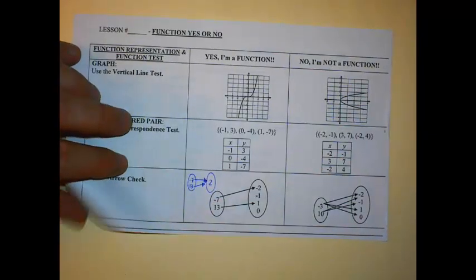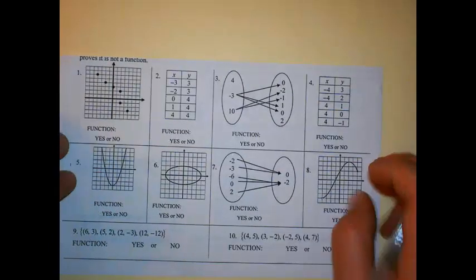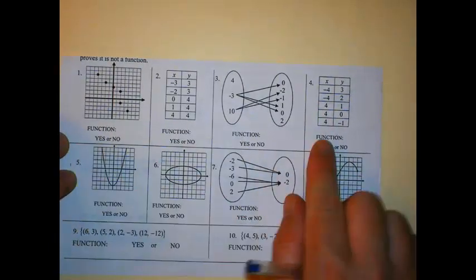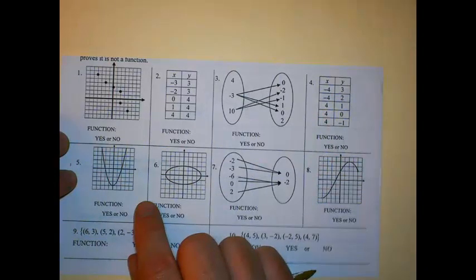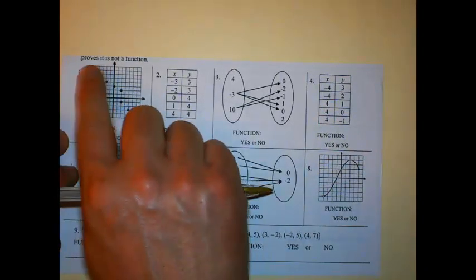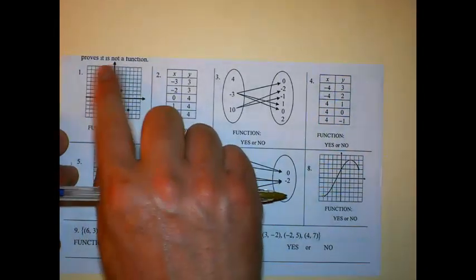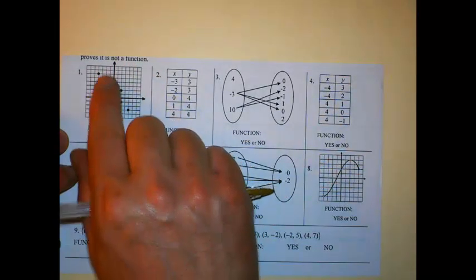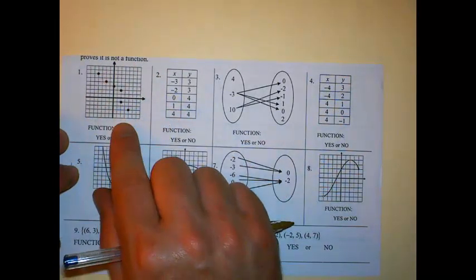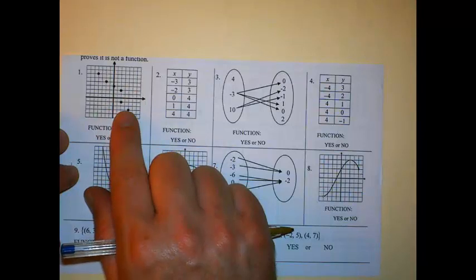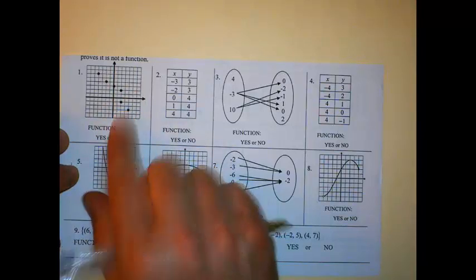Alright, let's turn the paper. As we turn the paper, we'll see some problems here where I'm asking, is it a function, yes or no? This particular problem, the paper got cut off, but basically it was asking to identify if each of these representations represents a function or not.